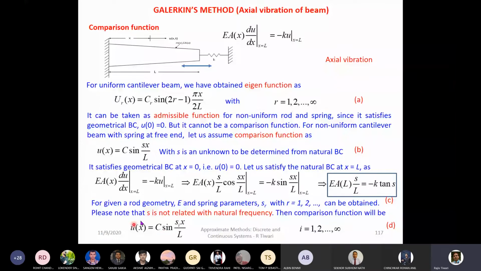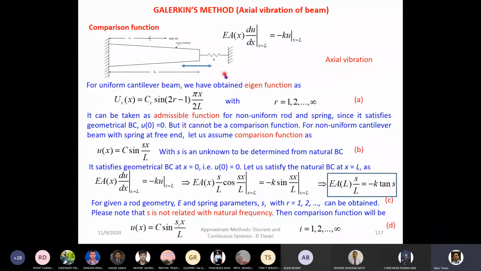So S i will have an infinite number of solutions from this, and for that we need to know the geometry, length and stiffness, and we can obtain them using any numerical method. So this is the comparison function for this particular problem, in which we have chosen the spring here.